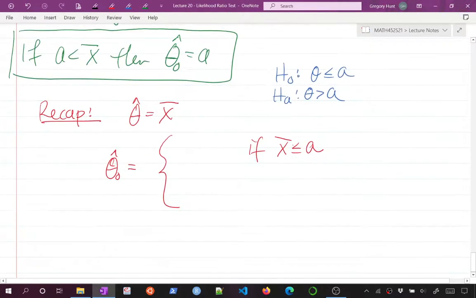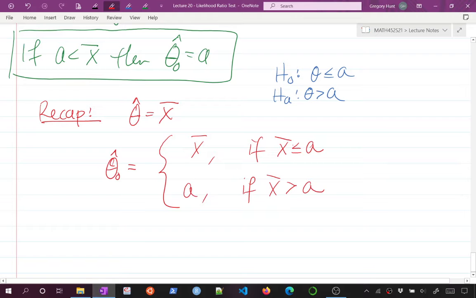And we said that our restricted MLE is that if x bar is less than A, which would give evidence, you would think, towards the null being true, our MLE is just x bar. If x bar is bigger than A, it doesn't really give a lot of evidence for H naught.